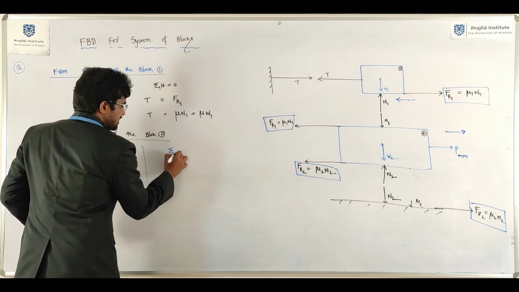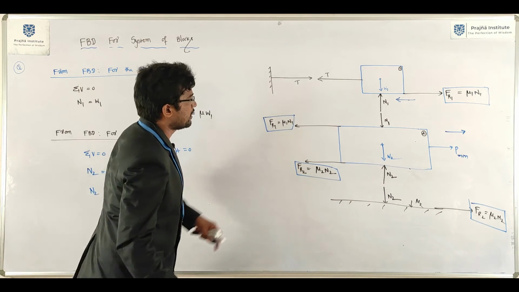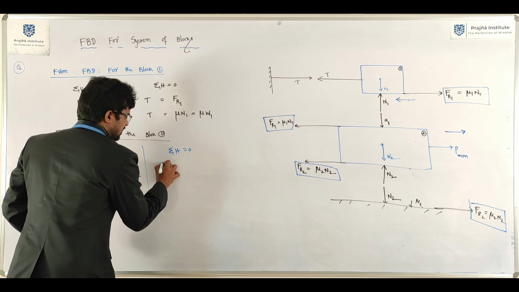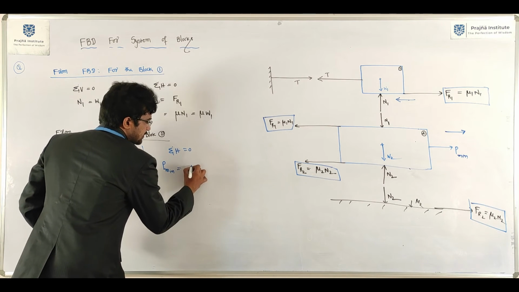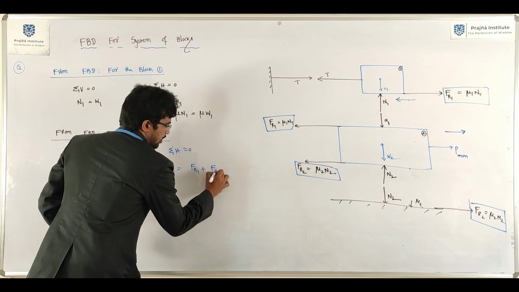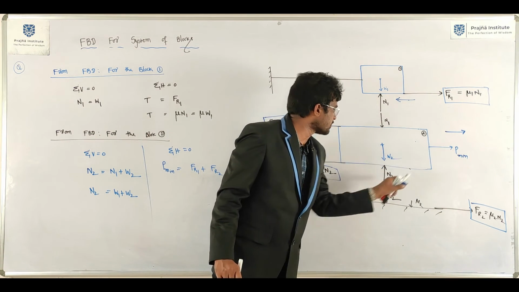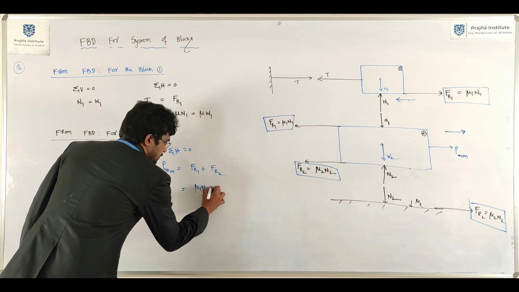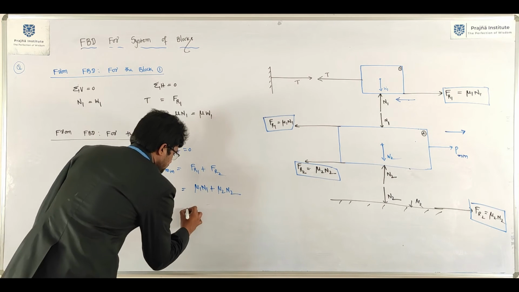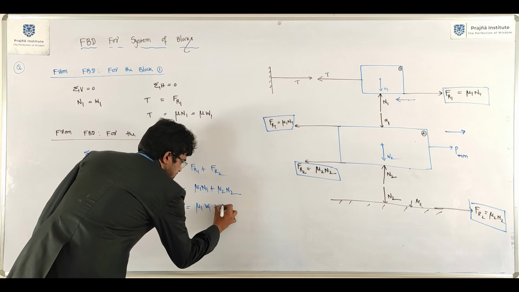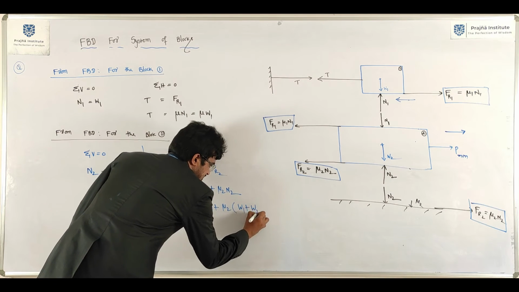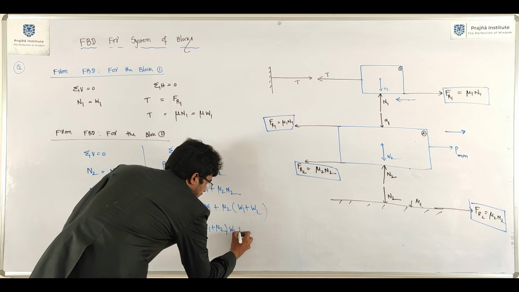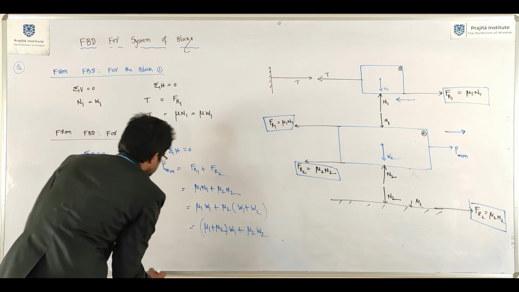Now, sigma H equals 0. Here, what will you get? The sum of the left forces equals the sum of the right forces. Just take the sum of the right forces, Fr1 plus Fr2. Correct? Here, P minimum equals Fr1 plus Fr2, which is mu1 N1 plus mu2 N2, which is mu1 W1 plus mu2 into W1 plus W2, which is mu1 plus mu2 times W1 plus mu2 W2.